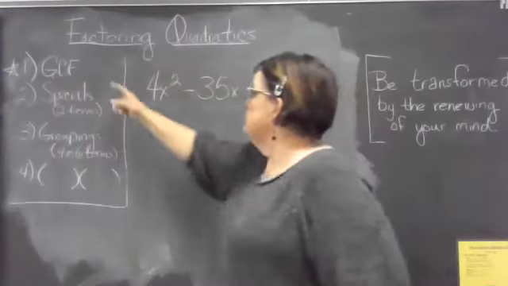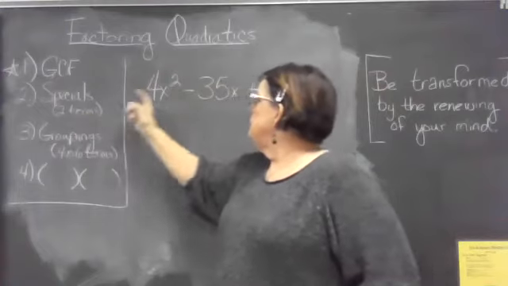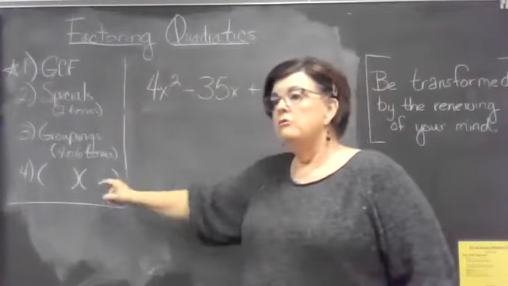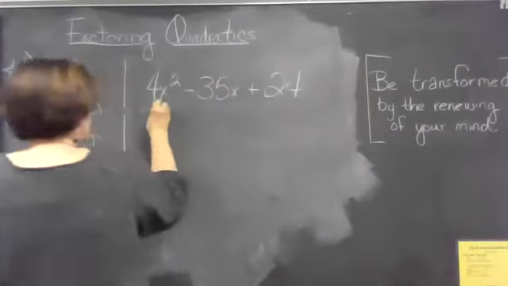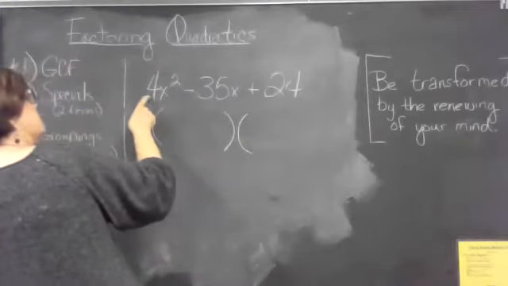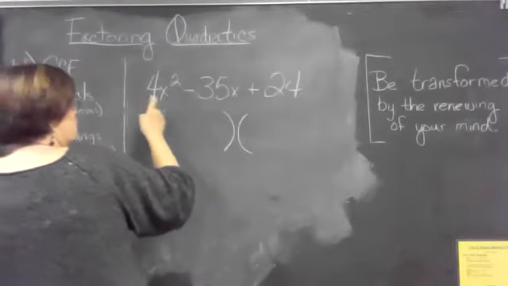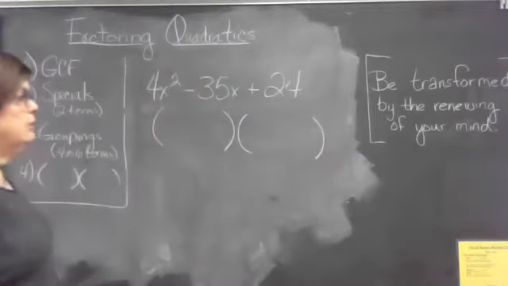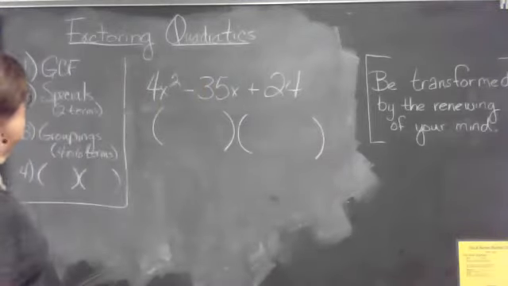Since there is not a greatest common factor, it doesn't have 2 terms, doesn't have 4 to 6 terms, we're going to go to the 2 parentheses. Because the leading coefficient is not the invisible 1, we know there's a possibility that we're going to do some trial and error.